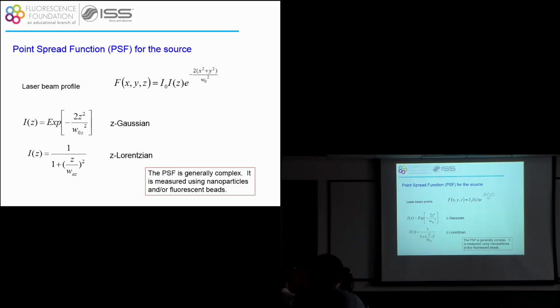The point spread function depends upon the type of laser that we use. If we use a single photon laser, this is given by this expression. If we use a multi-photon laser, it's given by this expression. So what this means is that while in XY, the laser profile is described by this function, in Z it is described by this other function.